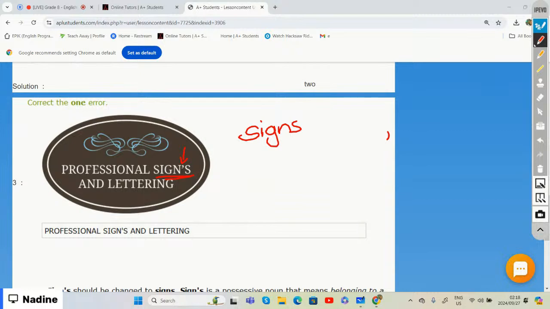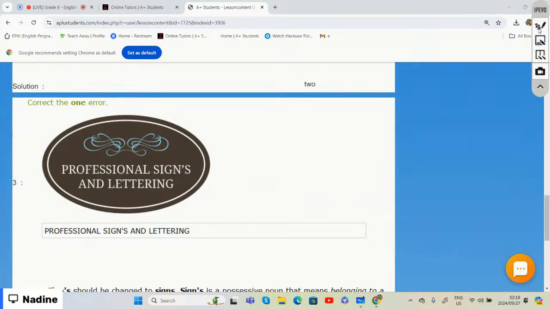It's almost like an apostrophe shows that it belongs to someone. So it should be professional signs, more than one sign and lettering. Because once we have that apostrophe and the S, that shows possession. It means it is belonging to someone or something. So signs should be in plural form, and we just put an S without the apostrophe.